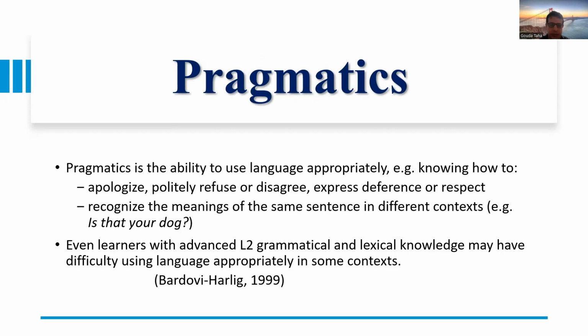For example, a sentence might have different meanings in different contexts. Let's say I found a dog and I'm asking you, when you're passing by, "Is that your dog?" It means, are you the owner of this dog in this context? Or if you're walking your dog and I'm saying, "Is that your dog?" the meaning here is different.